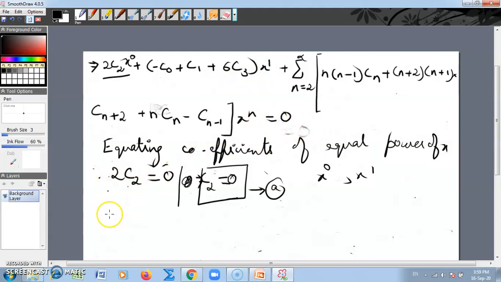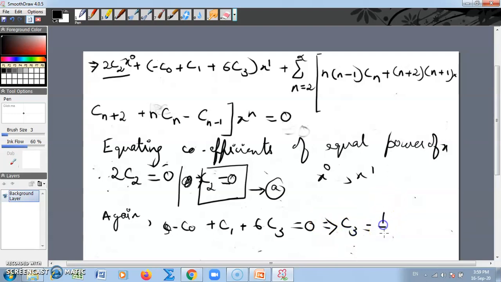So we write again minus C0 plus C1 plus 6 C3 is equal to 0, which implies C3 is equal to 1 by 6 of C0 minus C1, which I can name as equation B. So this is our B.